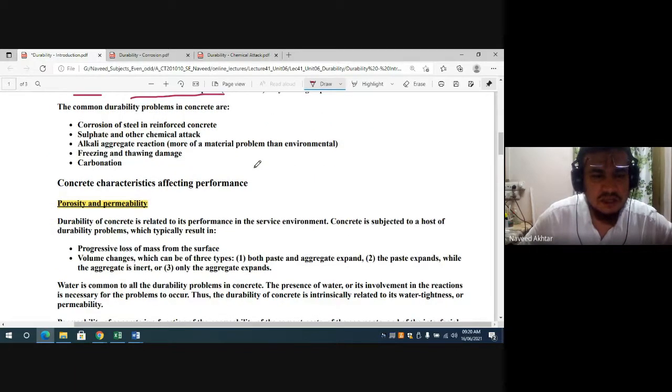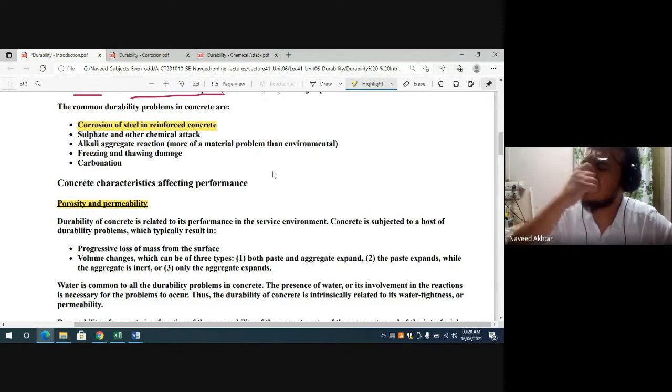The common durability problem in concrete may be the corrosion of steel in the reinforcement. This one is very commonly seen, because the concrete is not used as a structural element alone. It is used with the steel.